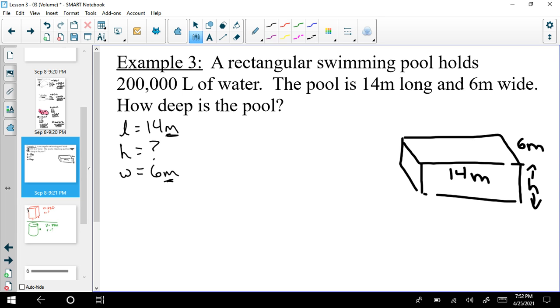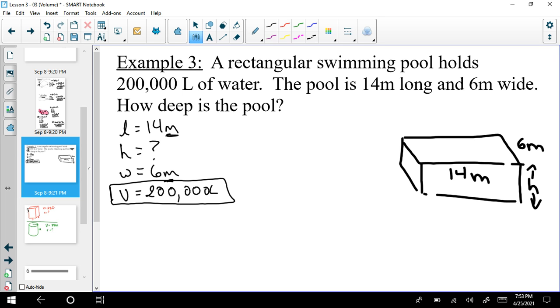So what we need to do, first of all, is I'm just going to put my volume equals 200,000 liters. I don't even know if I said that properly the first time. But we need this to be in meters cubed. So the first thing that we need to do after our diagram is drawn is to convert this into meters cubed.